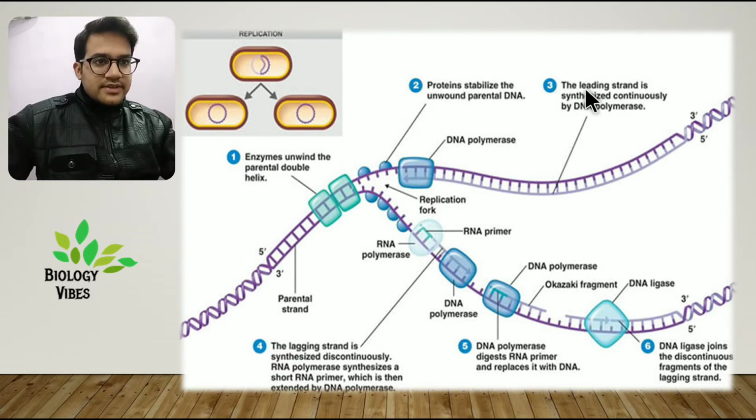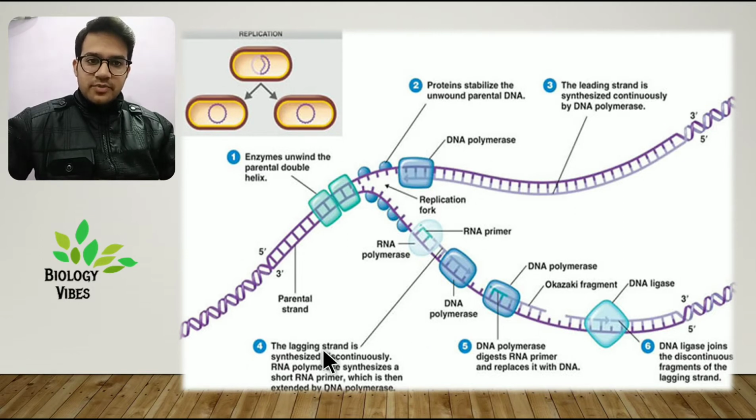Now the third point is the leading strand is synthesized continuously by DNA polymerase in the 5 prime to 3 prime direction. DNA polymerase is synthesizing. Now the next thing which comes into picture is the lagging strand is synthesized discontinuously. RNA polymerase synthesizes a short RNA primer.